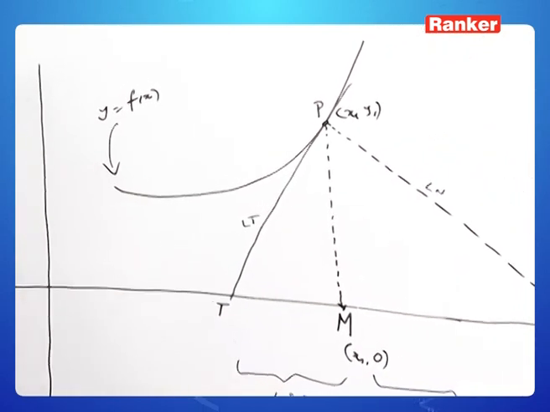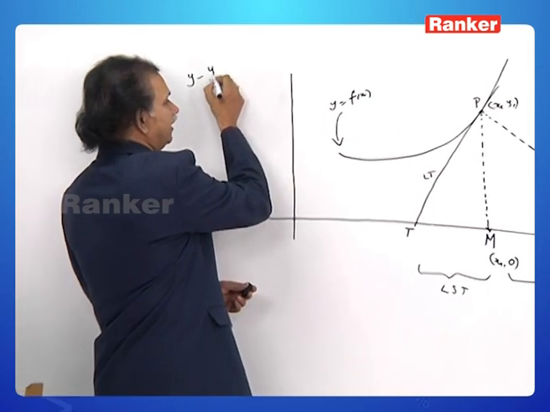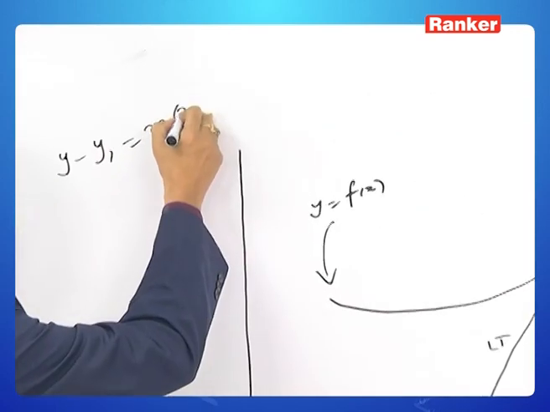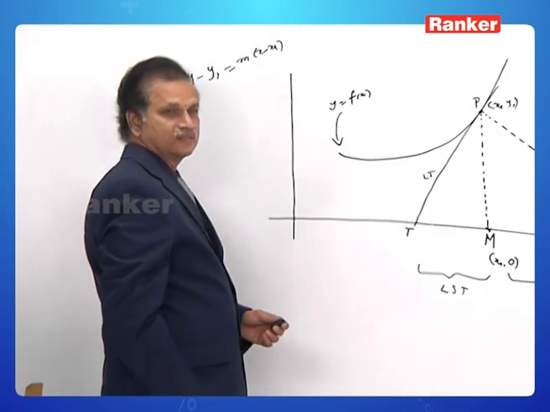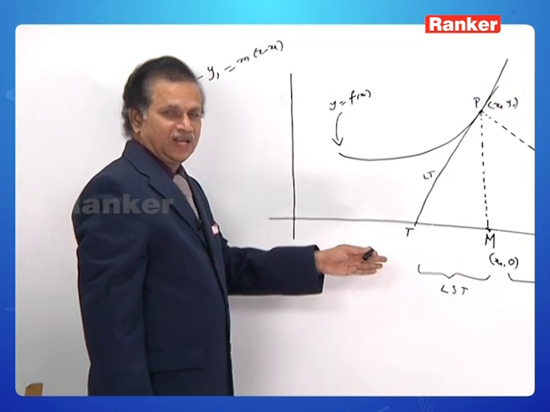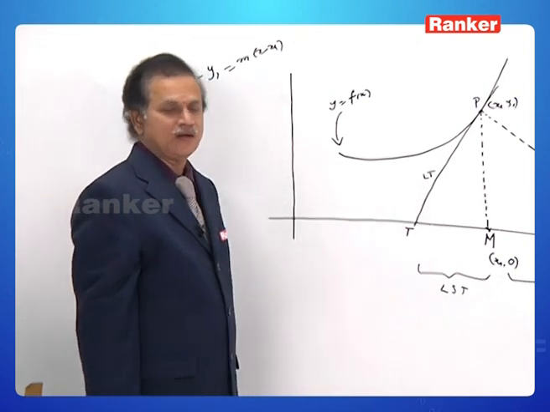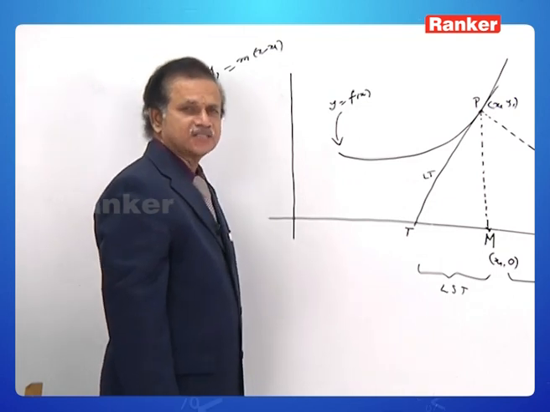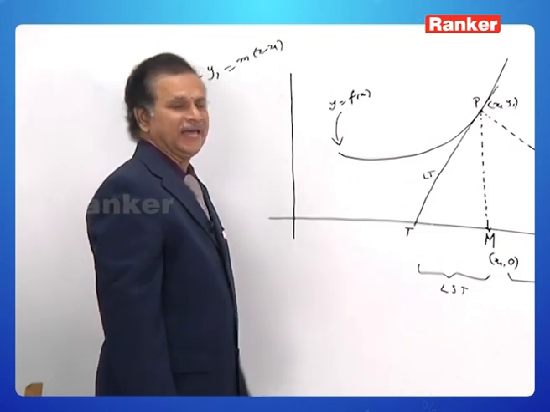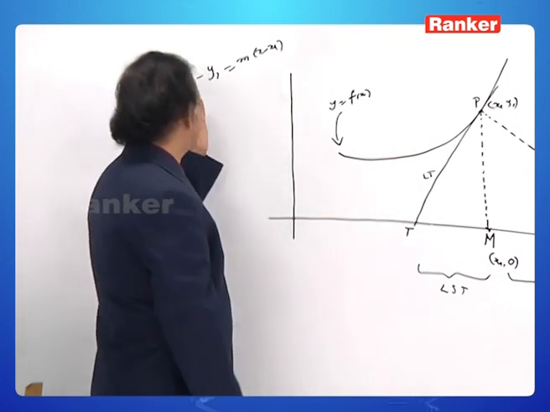It's not impossible. Equation of the tangent is y minus y1 is equal to m into x minus x1. Well, I want to know the point T. How can you get that? It is just the point where the tangent meets the x-axis. On the x-axis, y is equal to 0.